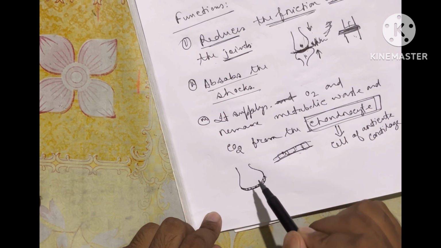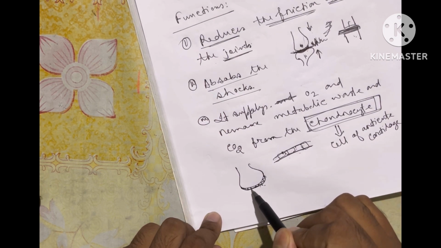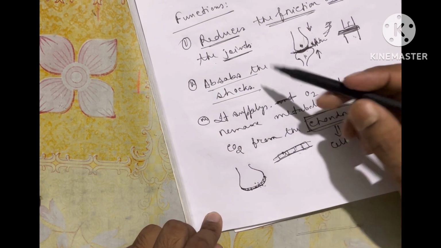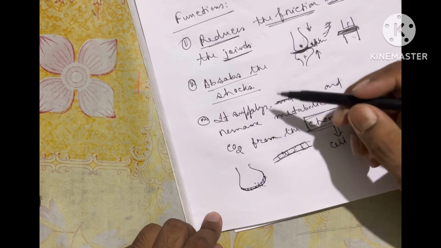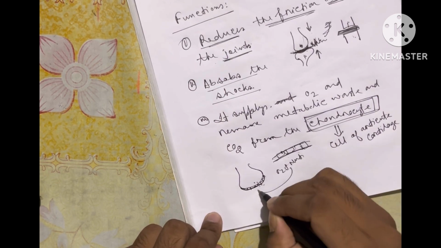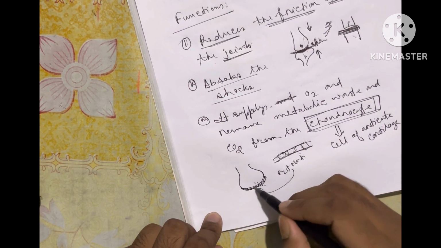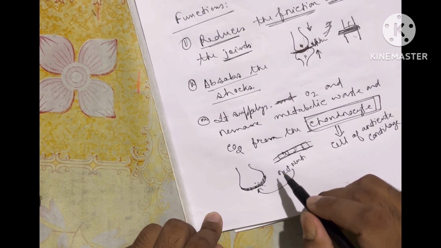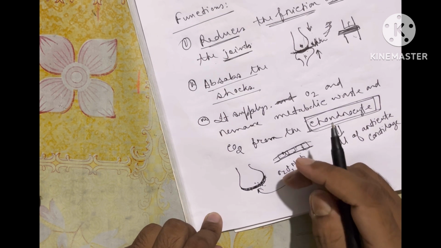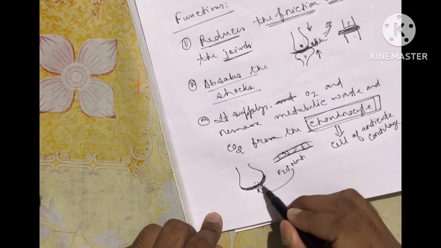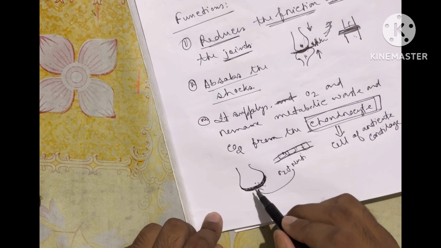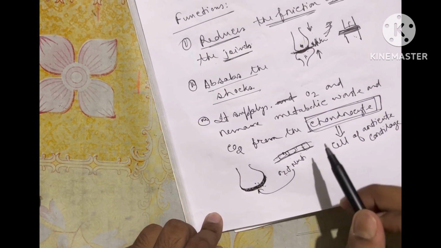Their survivability depends upon the nutrition and oxygen supply from our synovial fluid. If synovial fluid does not supply proper oxygen and nutrition to these small cells, then the cells will get damaged or die. If they die, there is a huge chance of bone damage. So if this articulating cartilage wants to survive, its survivability depends completely upon the synovial fluid.